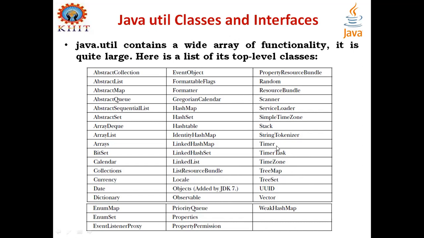Tomorrow we're going to discuss some of the remaining topics from this unit, some more classes with respect to time and date. There are calendar classes, collections, currency, and arrays, which support data structure organization. Some of the collections topics are also available.